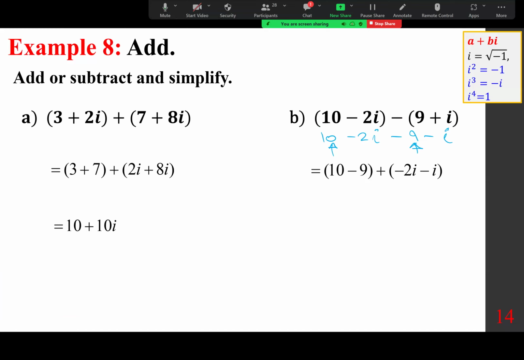Negative 2i and negative i go together. And we get 1 minus 3i. So it's pretty straightforward, everyone.